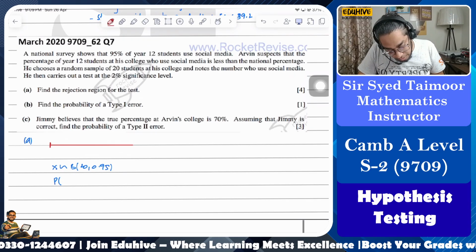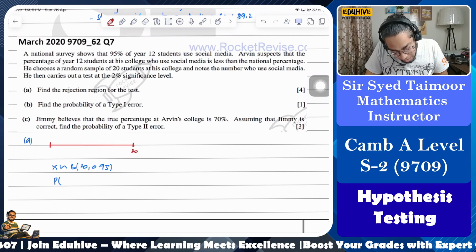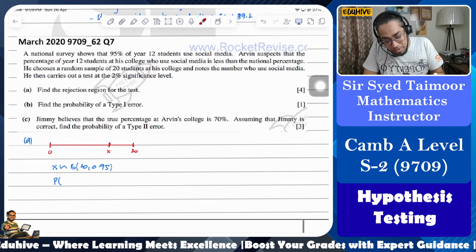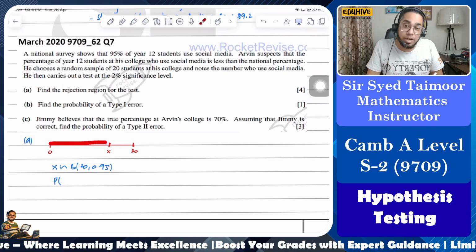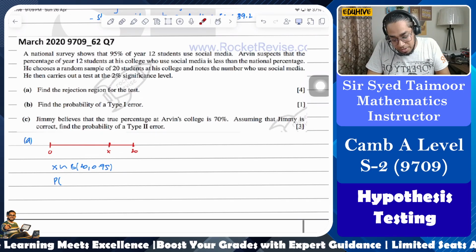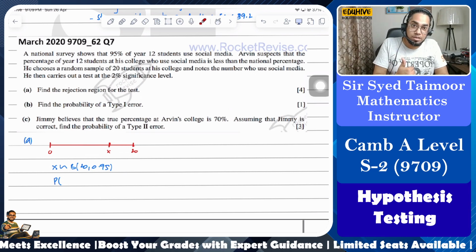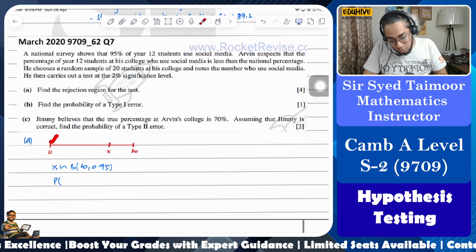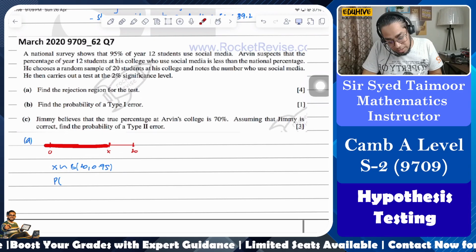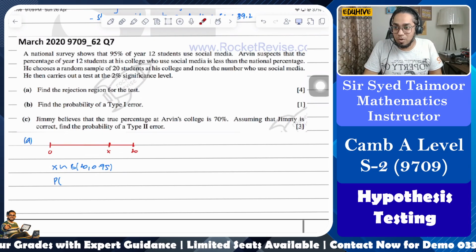Making a critical region, it is very important to read the question. Which mistake have I made now? I hope that you will not make it. The national percentage was starting from 0 and going up to 95%. Arvind suspects the percentage of the year 12 students at his college who use social media is less than the national percentage. What does it mean? It means the total percentage is over here.